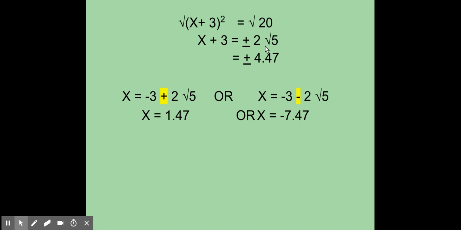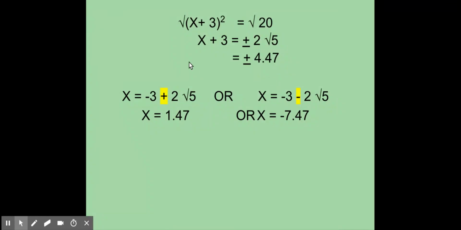Minus 3, minus 3. So we have negative 3 plus 2 radical 5, which gives you 1.47, or negative 3 minus 2 square root of 5.